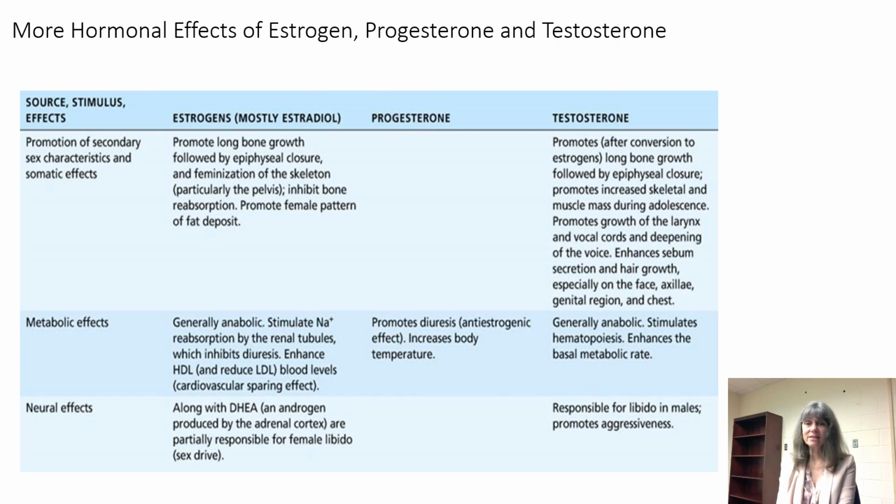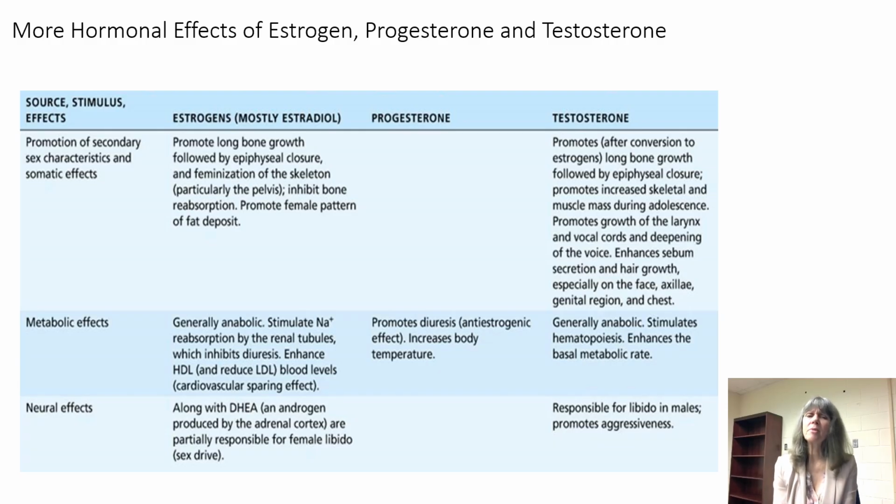Testosterone, again with secondary sex characteristics, is going to promote growth of the larynx, deepen the voice, and promote hair growth throughout different areas of the body and the chest. With metabolic effects, they're generally anabolic in terms of sex hormones for men and women.